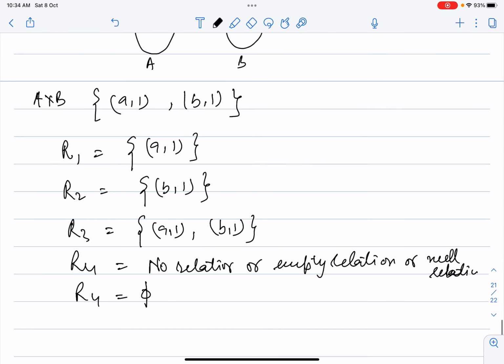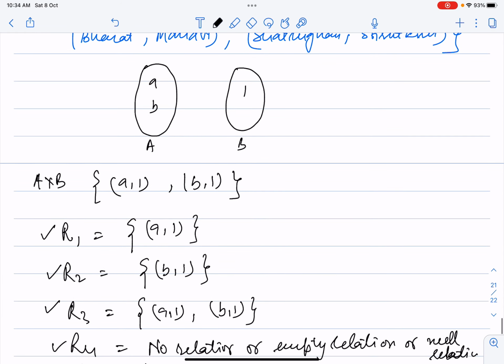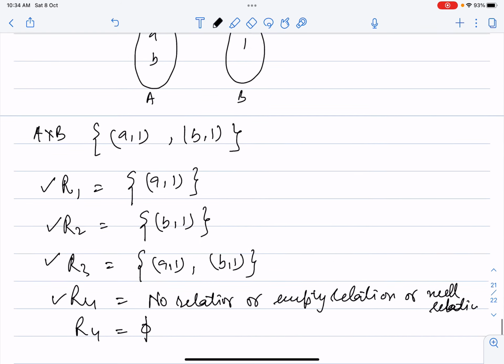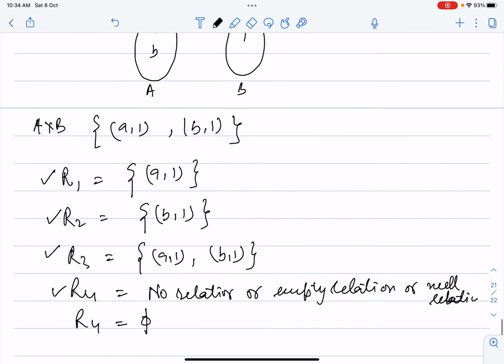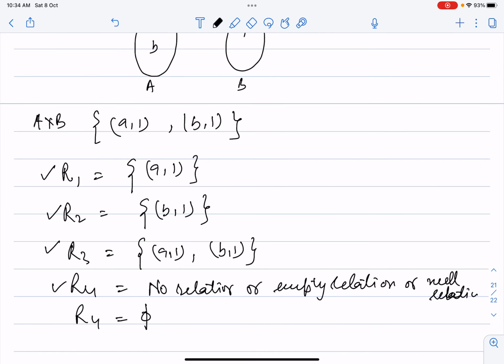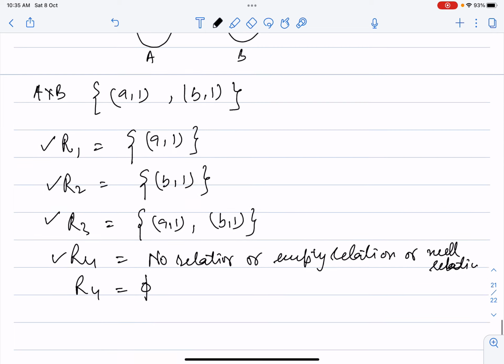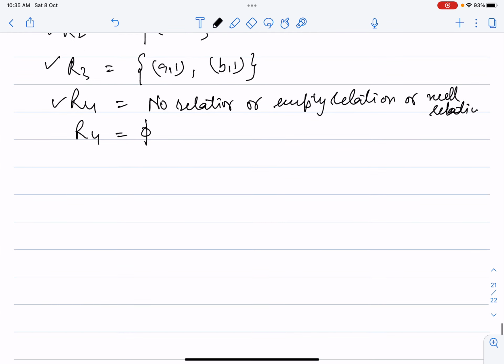So we found that there were 4 relations, R1, R2, R3, R4 in the above example. Now how have we calculated? We have drawn all the relations and then counted, so we got 4. But if the number of elements is more, it is very difficult to make all the relations. Let's take an example.